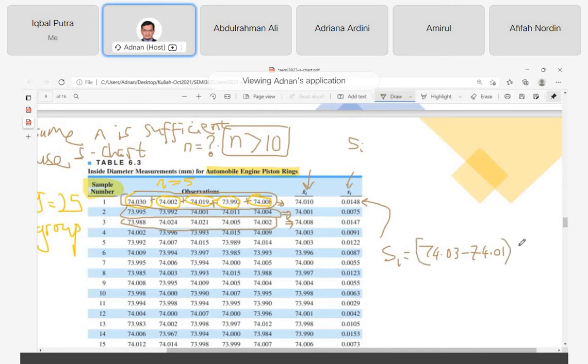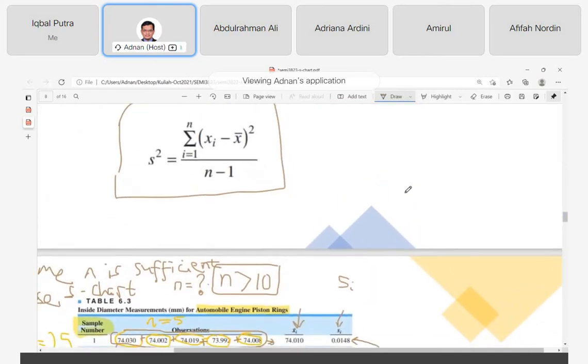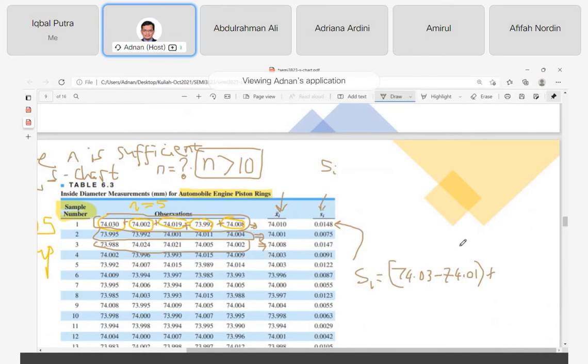Then we continue using this formula, with the summation of that. Don't forget to square it here. The next number is 74.002 minus 74.01.